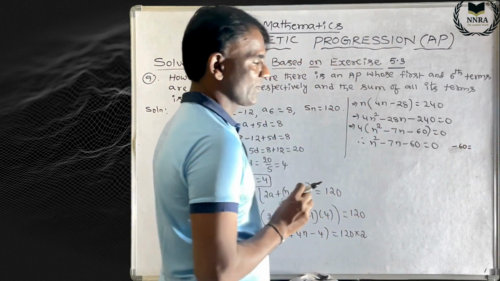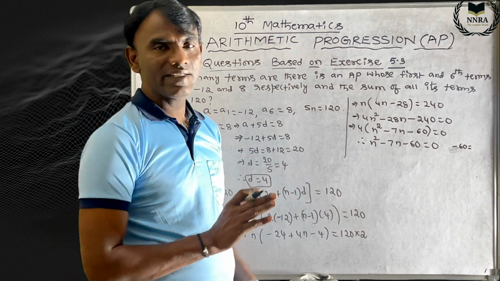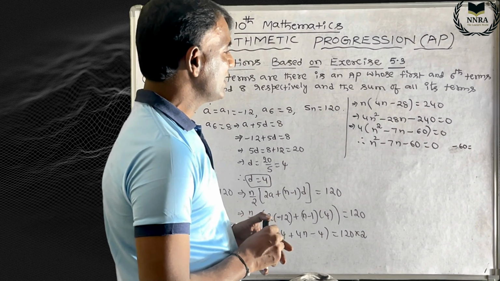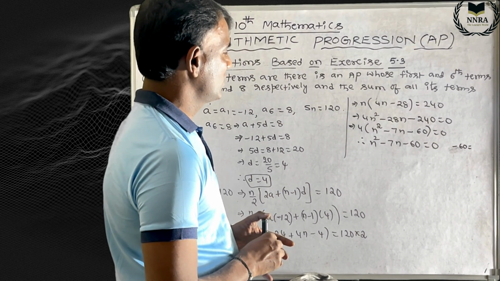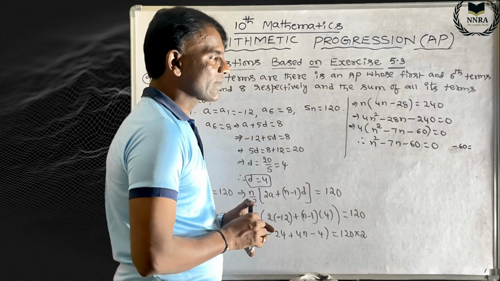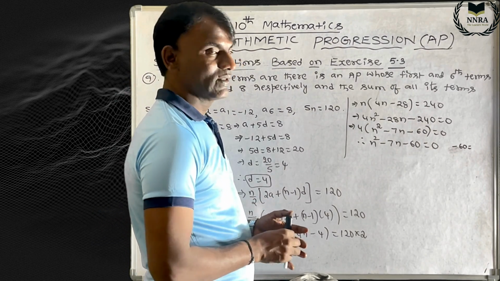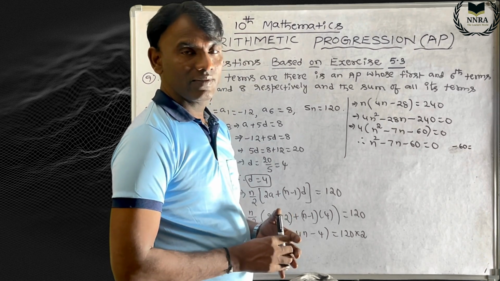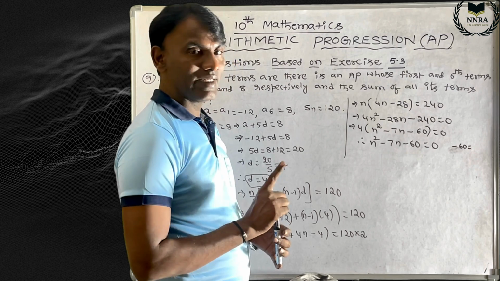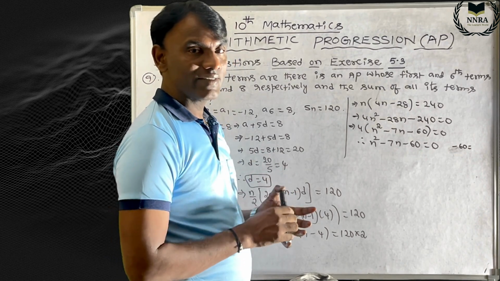How to split that? 1 into 60 or 1 into minus 60, it is not possible. 2 into 30 is also not possible. 3 into 20 is not possible. 4 into 15, that is also not possible. 5 into 12, right? 5 into 12, how can we take minus 12 into 5? Minus 60, minus 12 plus 5 is minus 7.